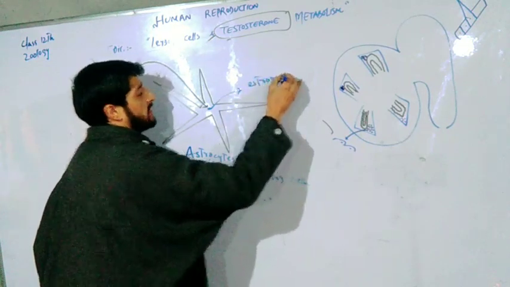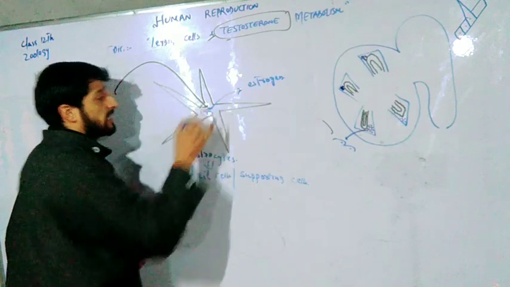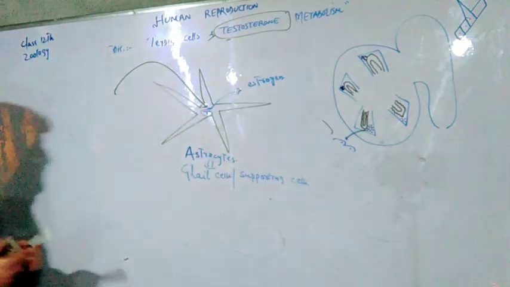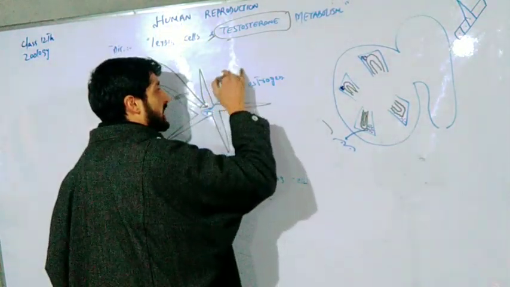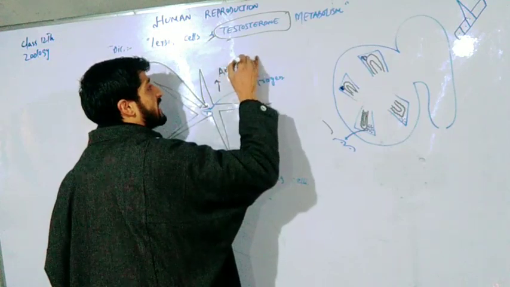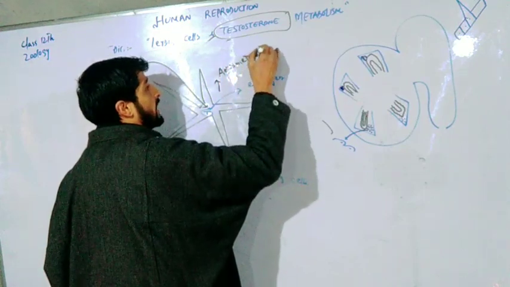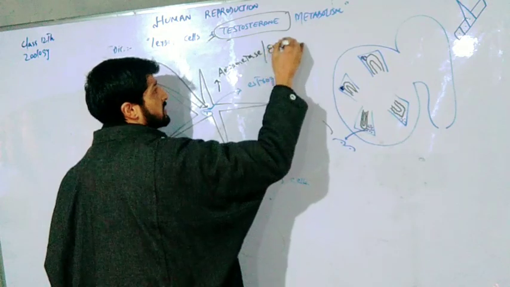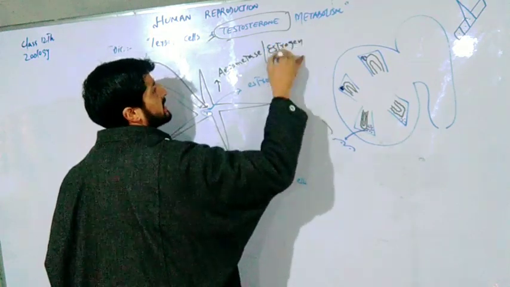In the brain, testosterone is converted to estrogen by an enzyme. That enzyme is known as aromatase, or that enzyme is known as estrogen synthetase.